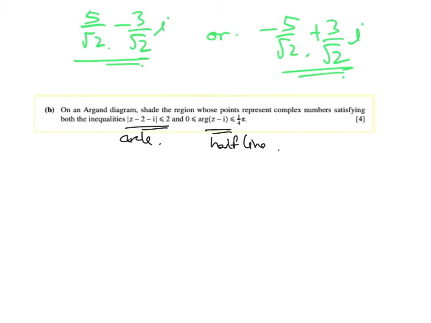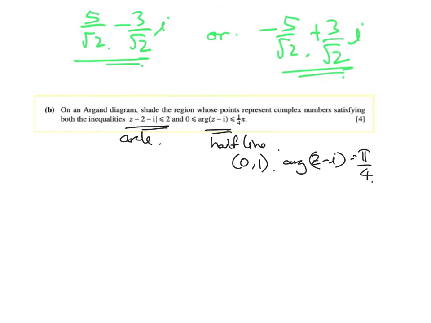What is the coordinate? Remember, it's negative i only, so there's no value on your real part, so the coordinate will be 0 and 1. And the angle is arg of z minus i equals pi over 4.